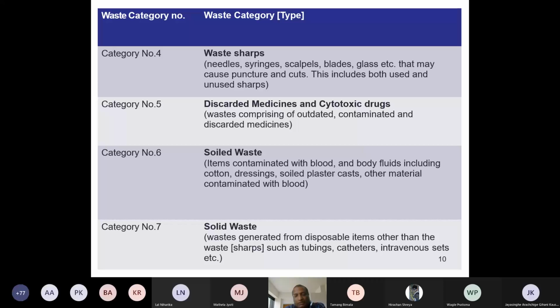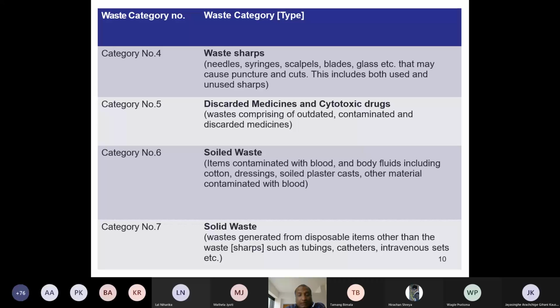Tox means all these drugs are harmful. If you take any drugs that you do not know what they are, that is the self-medication process. After using these drugs, all the covering, boxes, everything contaminated and discarded medicines are also waste.